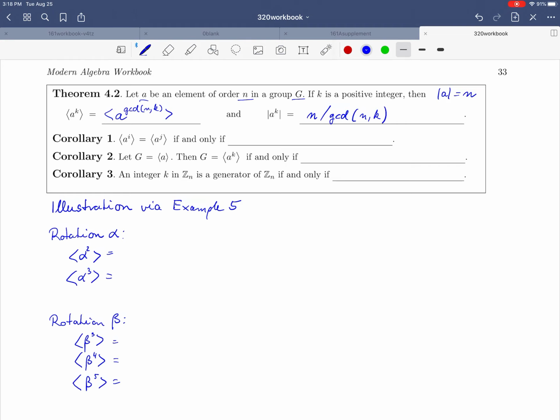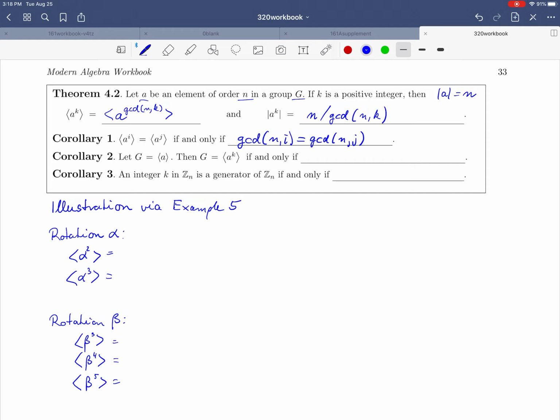If you're looking at the cyclic subgroup generated by A to the i, and it's the same as the cyclic subgroup generated by A to the j, then those are equal if and only if i and j have the same greatest common divisor with the order of A. So our blank for corollary 1 is filled in by saying those two groups are equal if and only if the GCD of n with i is equal to the GCD of n with j.